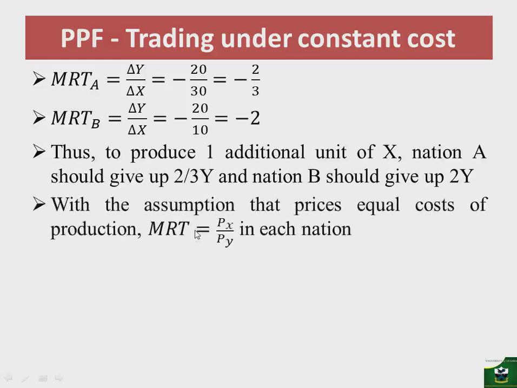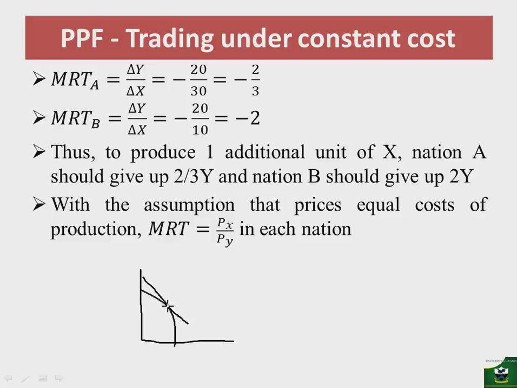With the assumption that commodity prices are equal to the cost of production, the slope of the production possibility frontier will be equal to the relative commodity prices. This will make more sense when we come to look at the concave curve, so let me just try to illustrate that so that you see where we're going.